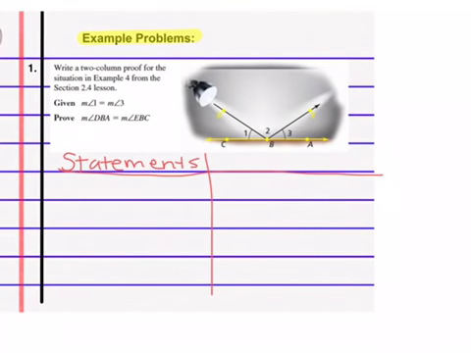I'm not that picky. Reasons is going to go on the right. Okay, so let's start with what we know. Given, measure of angle 1 is equal to measure of angle 3. So typically in a 2-column proof, that's always what you are given. So right here, that should always be the first line in your proof.